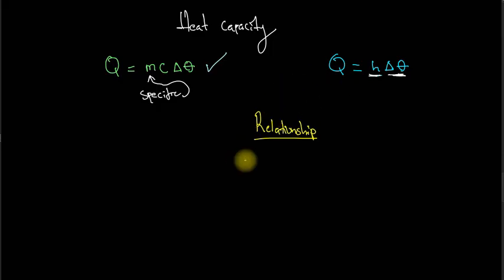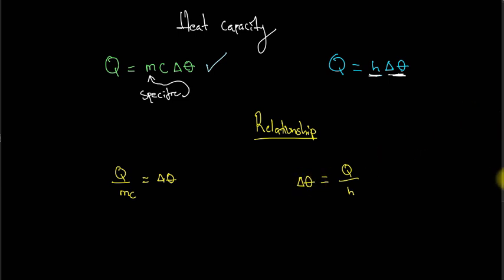So what is common between them? Change in temperature is common. So we can make change in temperature the subject on both sides. So Q over MC is equal to change in temperature. We have Q over H is equal to change in temperature.